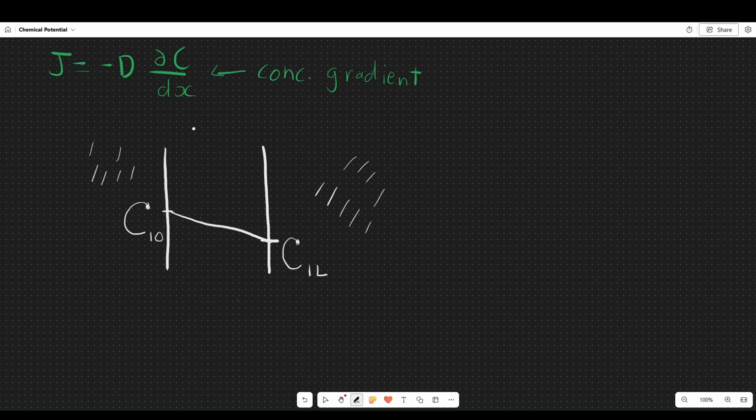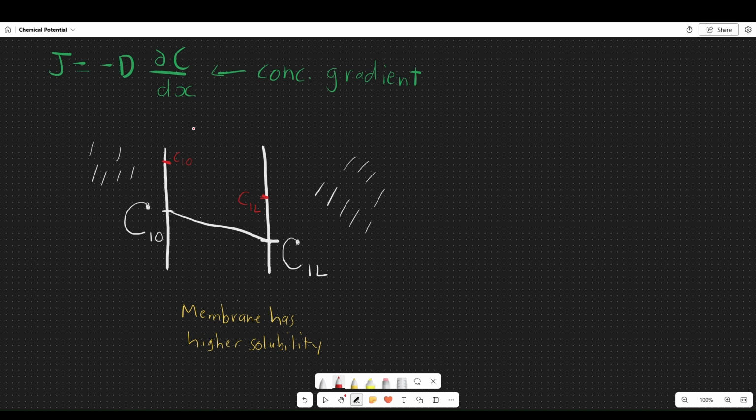So let's say the membrane actually has higher solubility for the solute involved, for species one. Well, in that case, since the solubility of the solute is more in the membrane, we would see that C1 naught actually jumps to here, inside the membrane, and C1L actually goes here.